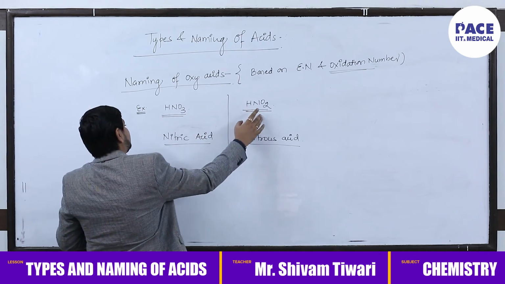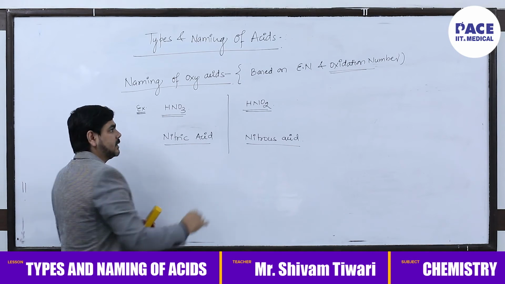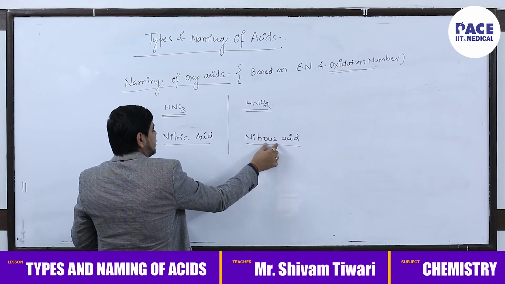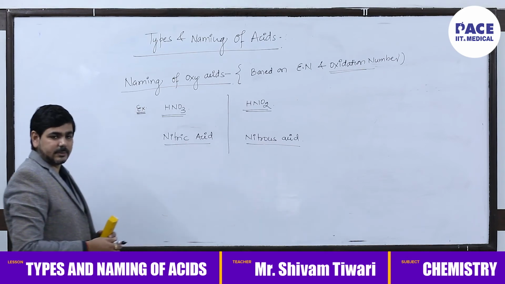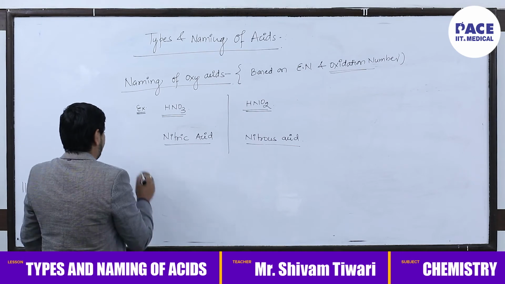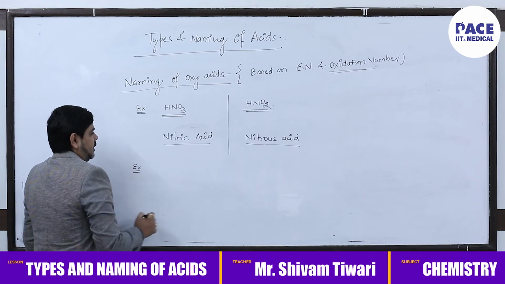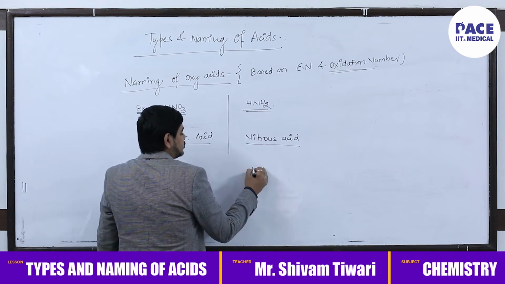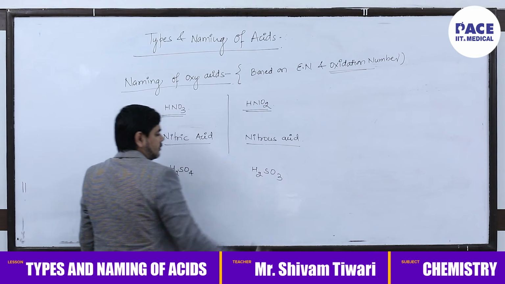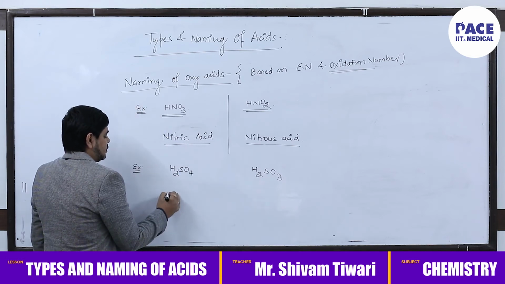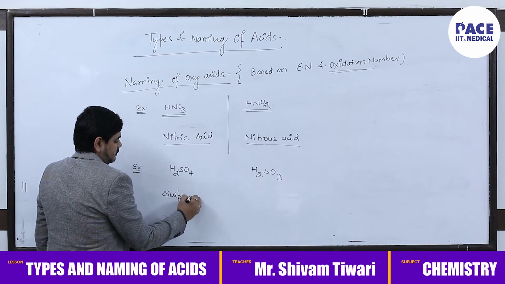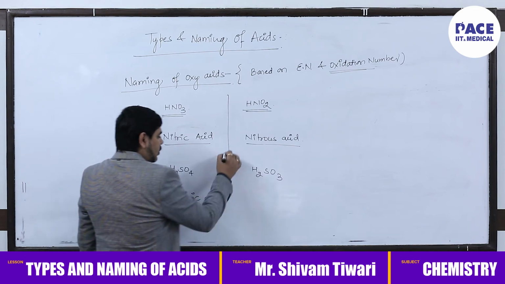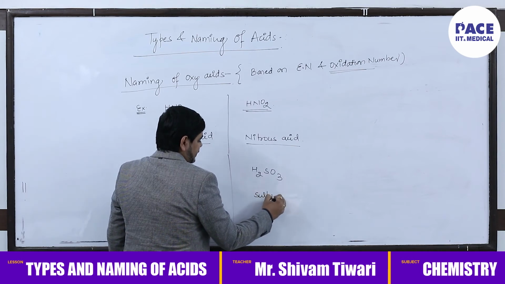If the number of oxygen is going to increase, the suffix is going to change from ous to ic acid. I'll write some examples, then you can see some more difference. Let's say I have written H2SO4 and H2SO3. Then this is called sulfuric acid and this is called sulfurous acid.